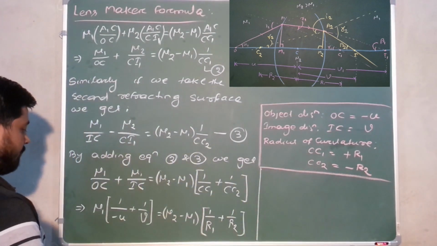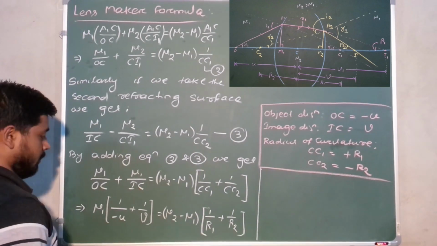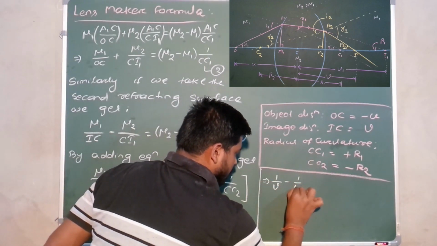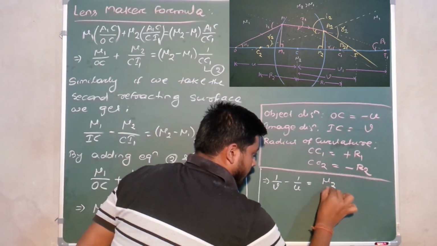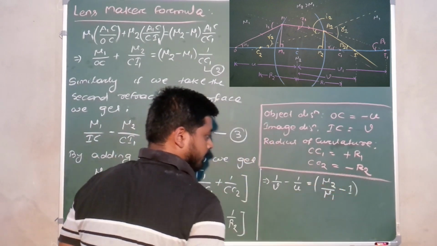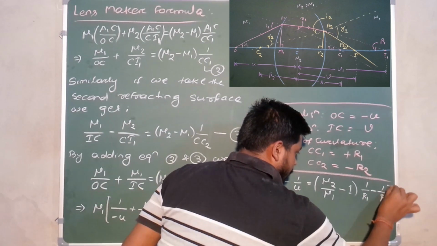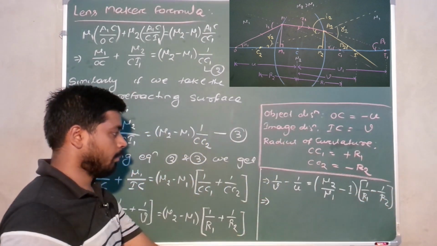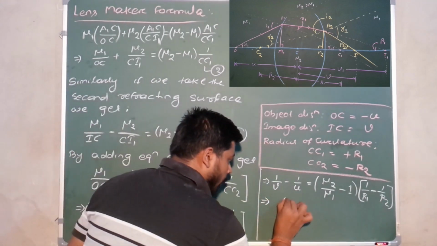Final answer. Divide mu1 on both sides of the equation. What I got? 1 by v minus 1 by u equal to mu2 by mu1 minus 1 into 1 by R1 minus 1 by R2. Yes or no? From the thin lens formula, we know 1 by v minus 1 by u is equal to 1 by f.